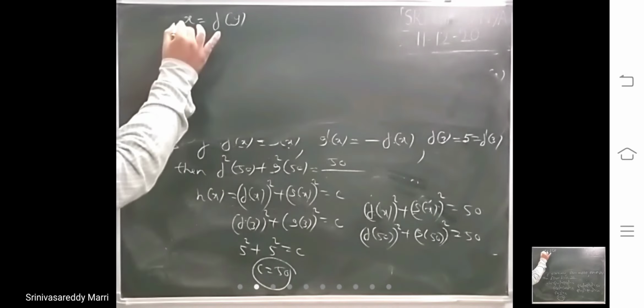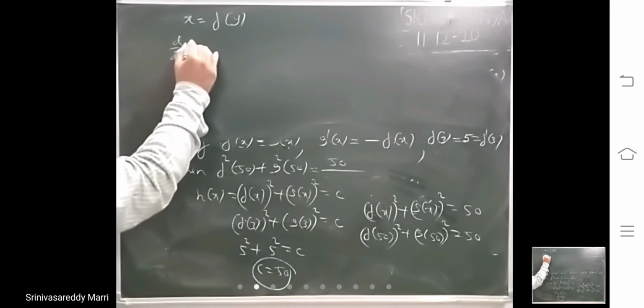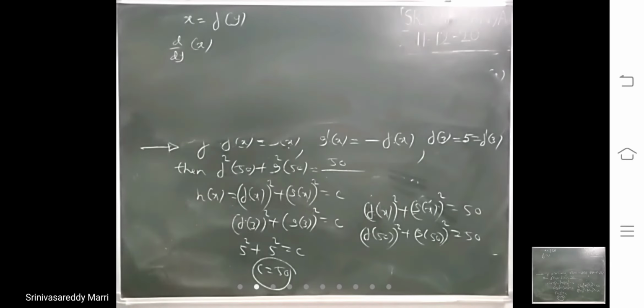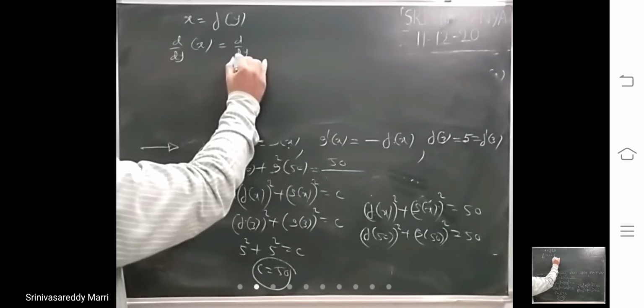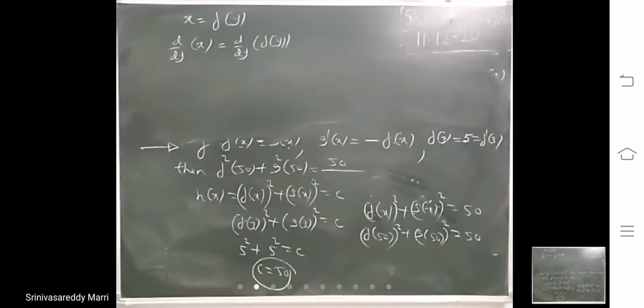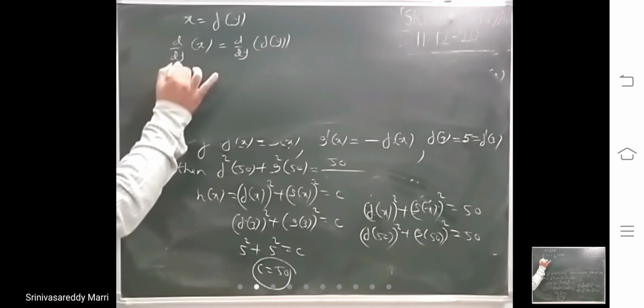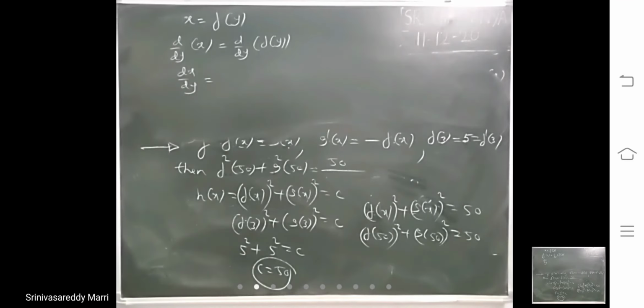Now what I am doing is both sides I am doing derivative with respect to y. d by dy of x is dx by dy.